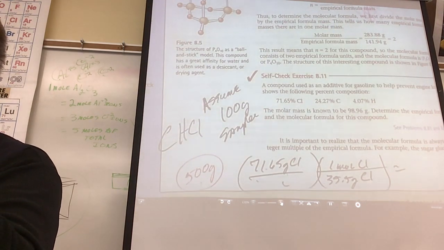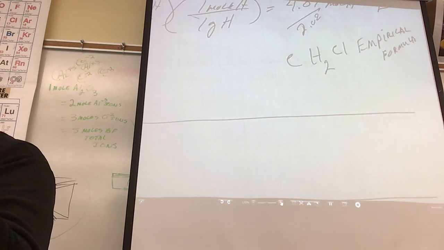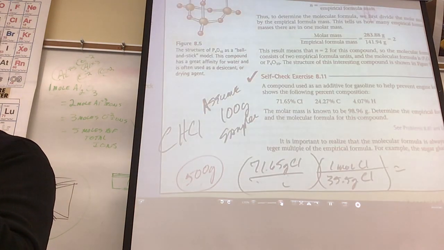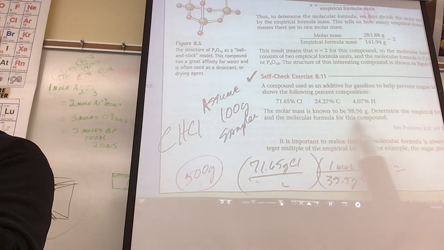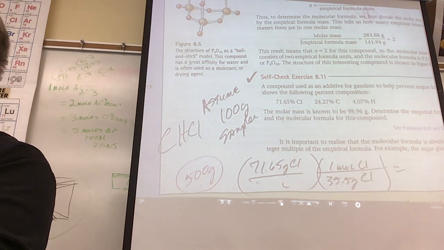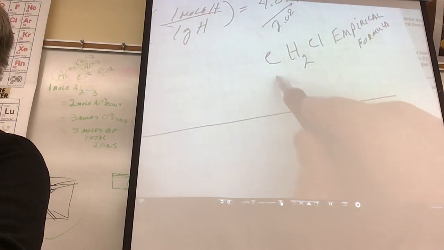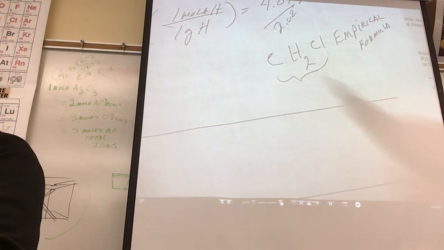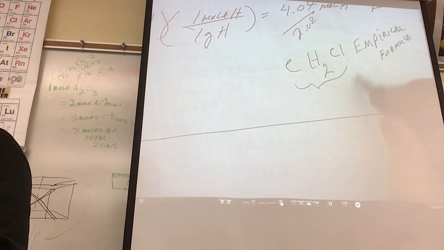Now, the next question is the real chemical, CH2Cl? Well, let's take a look. The real chemical, a mole that weighs how much? Well, let's find out how much yours weighs. How much does your empirical formula weigh?